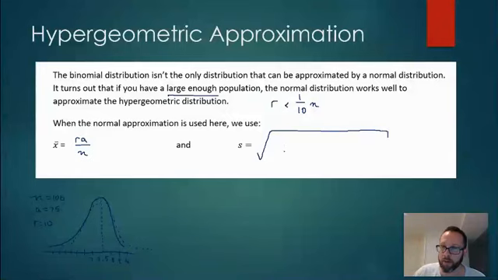This formula derivation is way beyond the scope of this course, so we are just going to use it. So you do the root of R times A over N times (N minus A) over N times (N minus R) over (N minus 1).